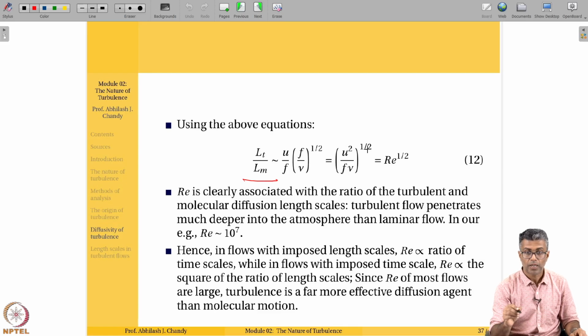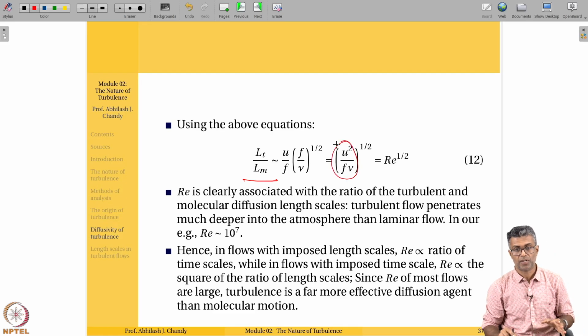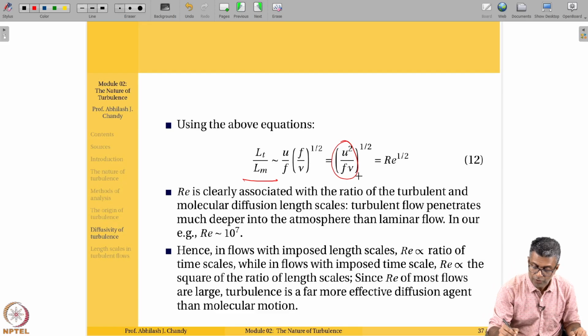Now remember, this comes out to be the Reynolds number, isn't it? Because if I think about what F is, it is 1 over T. And what is 1 over T? It is U over L. So one of the U's gets cancelled out and I get U L over nu.